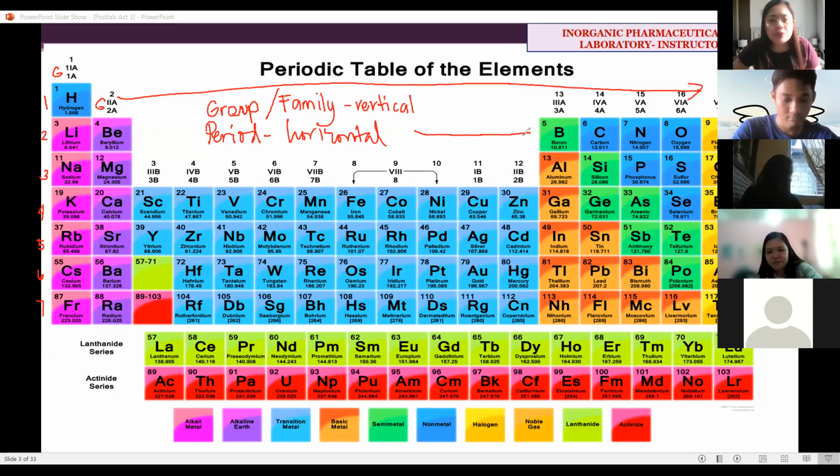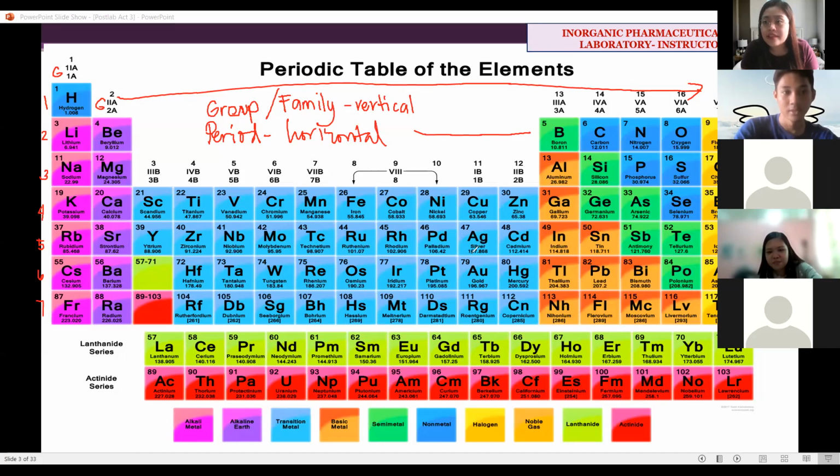So our elements are color coded. Those in group 1A except for hydrogen are called alkali metals, meaning they are all metals except for hydrogen. From lithium until francium, they are metals, to be specific, alkali metals, because they form alkali or alkaline compounds when they react with water.